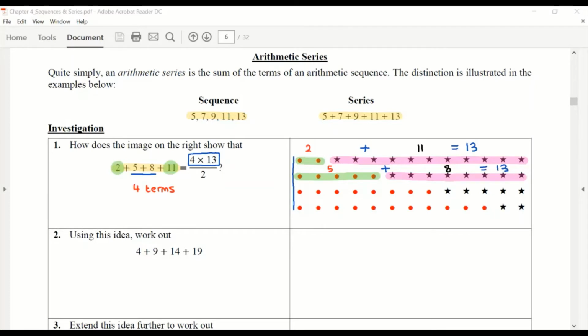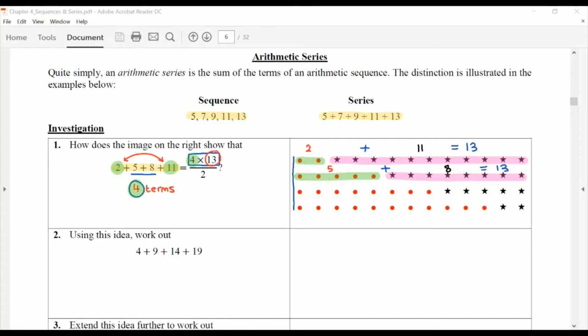It looks like we have 4 terms. So there's a link between the number of terms there. The 4 terms corresponds to the number 4 in the numerator there. And then the sum of the first and last term here and here seems to correspond to this number.